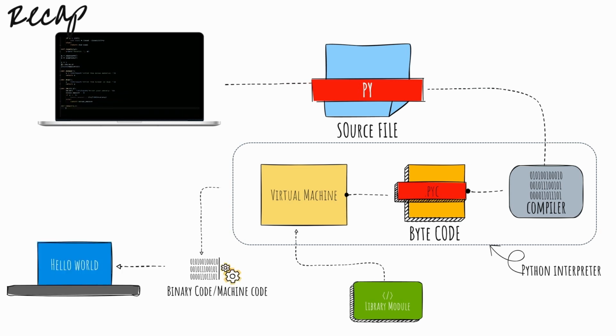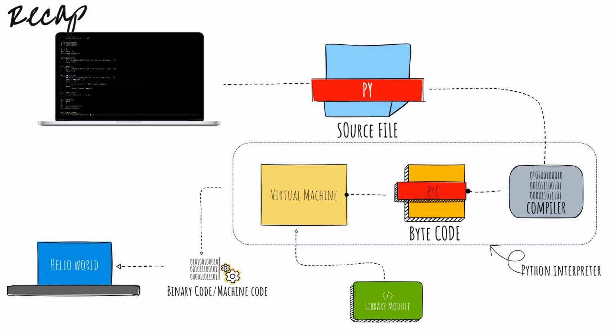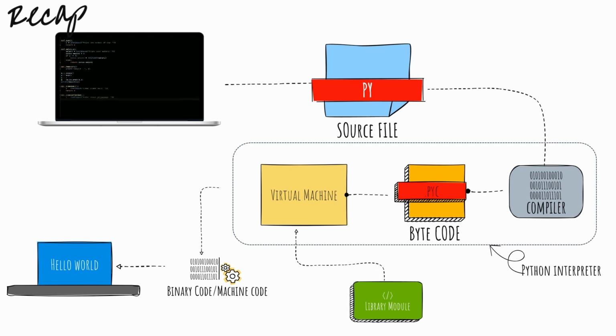So in simple terms, when we run Python code, it does not get directly translated into machine instructions executed by the CPU. Instead, it is translated into bytecode, which is a low-level set of instructions that can be executed by a virtual machine. This bytecode execution on a virtual machine makes Python platform independent.